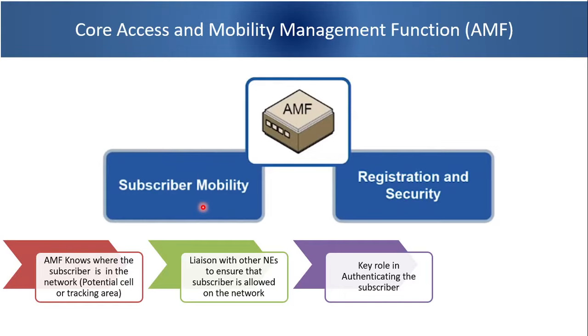But the difference between 4G, 3G network and 5G network is that for the first-time registration, the IMSI is sent in plain text onto the radio network. And you might have heard about the problem of IMSI catcher, or somebody unauthorizedly intercepting a call. It was all because of the plain text IMSI which the network used to send during initial access authentication to the core in 4G and 3G, and there was a problem of IMSI catcher.